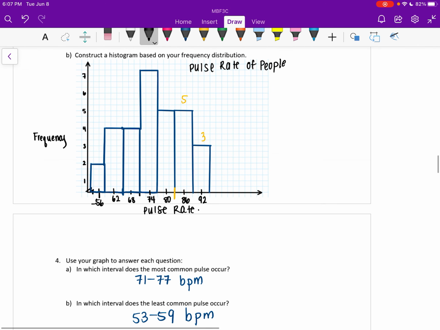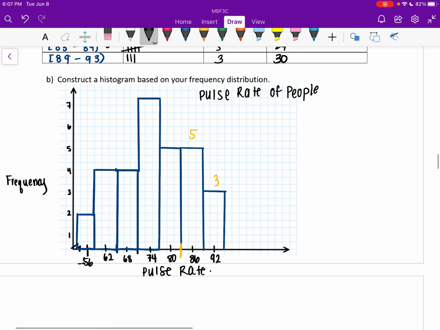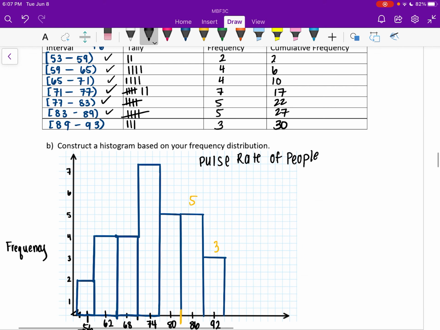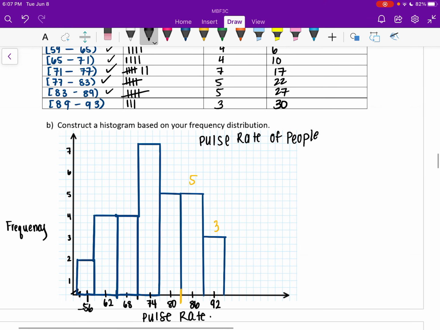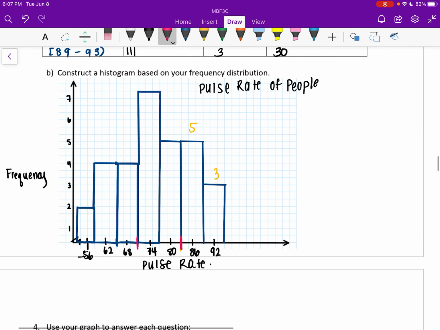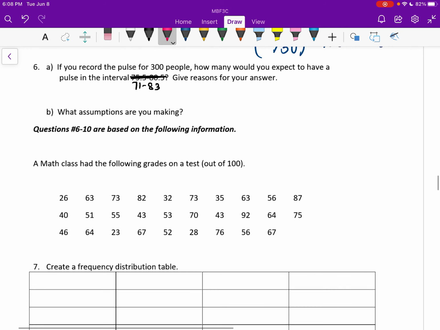Well, let's go here and look at, okay, where's 71? 71 is the ending of our fourth interval, right? So about here. So 71 to about 83, which we were just looking at right here. So that means that that is 7 people plus 5 people.